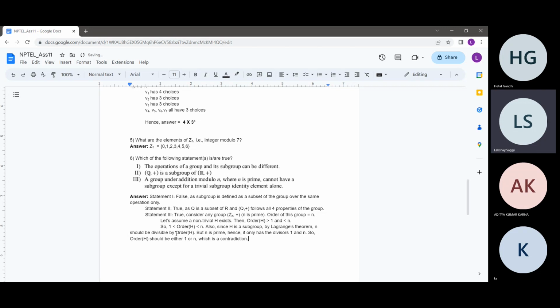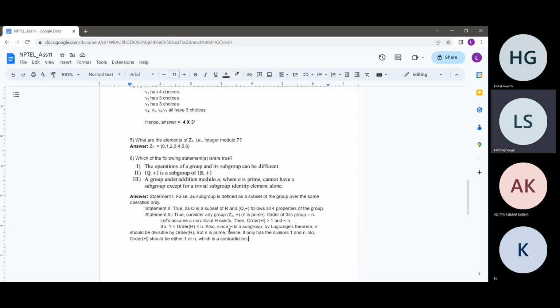Since we had originally said that the order of H should be between 1 and n, since H is not trivial. But what we have obtained is that as n is prime, the order of H should be exactly 1 or exactly n. So these two statements, one which says that the order of H should be between 1 and n, and the other which says it should be exactly 1 or exactly n, contradict each other.